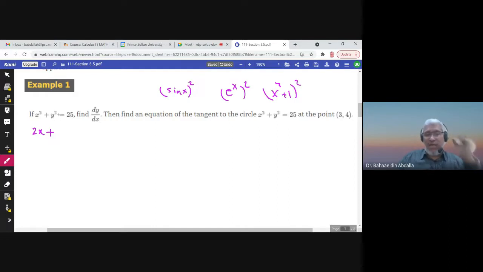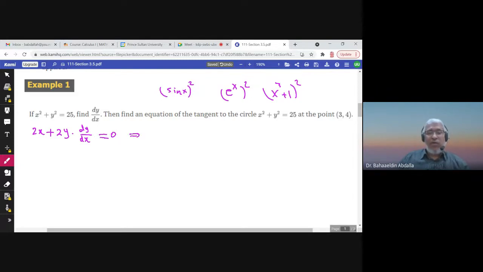So how do we find the derivative of y squared? We use the chain rule. The derivative of y squared is 2y times y prime, or dy by dx, equals the derivative of 25, which is 0.